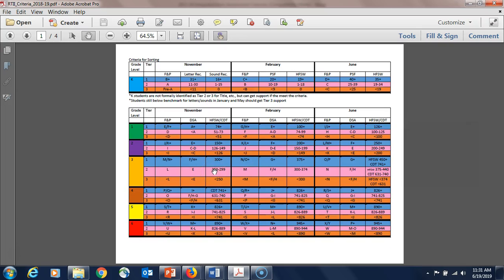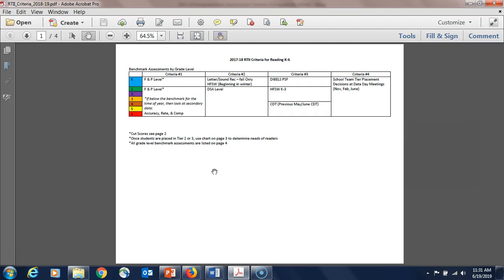Here's just an example of criteria for intervention. So we actually have four different criteria that we use, and this is a language arts example, but we have it in math, where we have an assessment and we look at all three data points and really look at, are the students on, below, or significantly below benchmark?